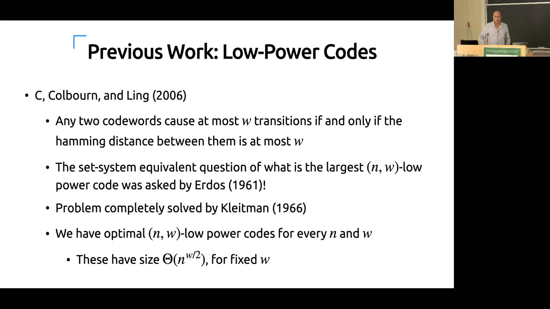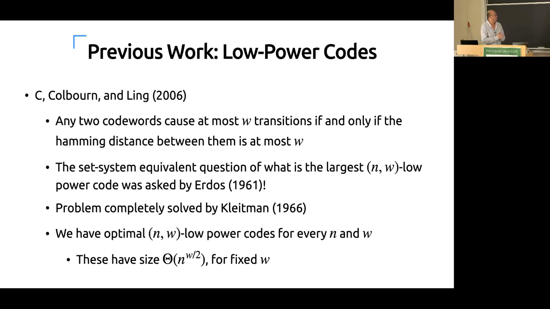Then in a joint work with Charlie and Alan Ling in 2006, we observed that any two code words cause at most W transitions if and only if the Hamming distance between them is at most W. This is quite obvious.